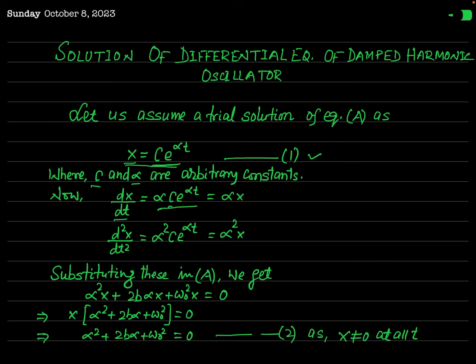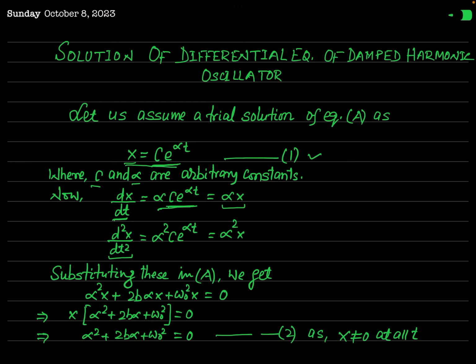But you can see in equation 1, this c times e to the power alpha t is x. So instead of this, I have written x. So dx by dt is simply equal to alpha times x. Okay. Now again differentiate this dx by dt. When you differentiate dx by dt again with respect to t, you will get d2x by dt square.